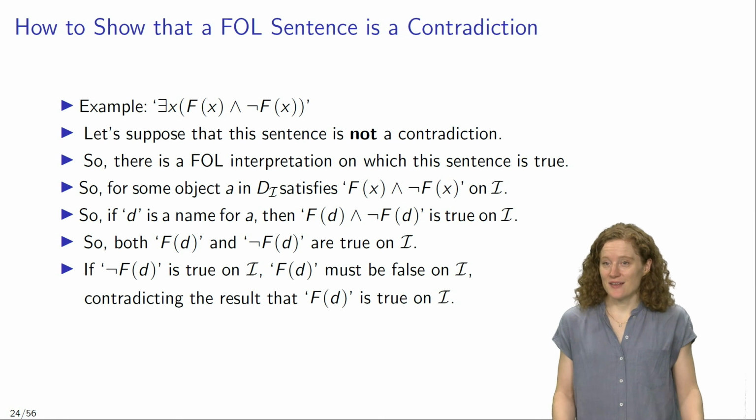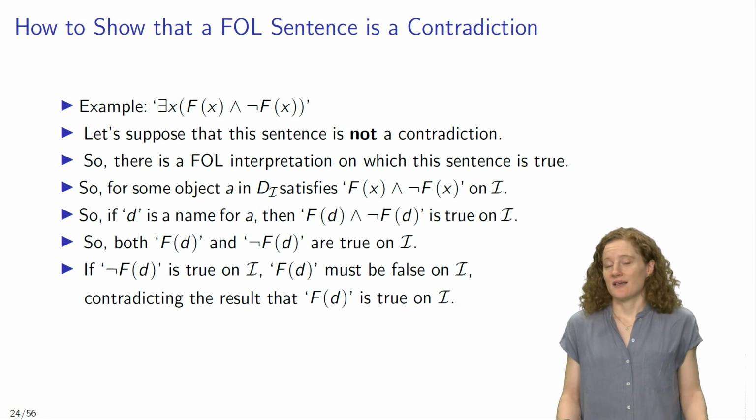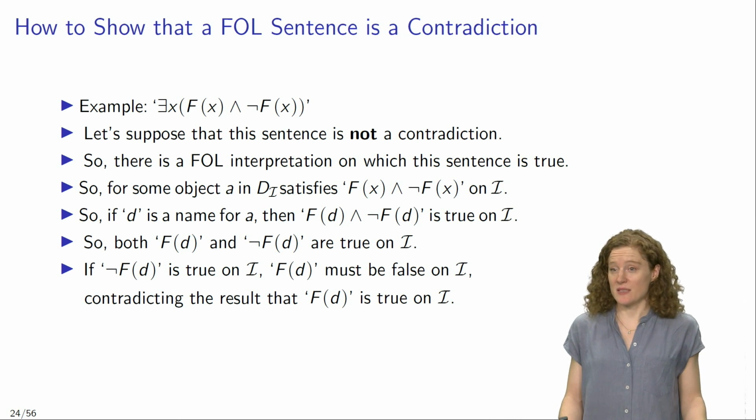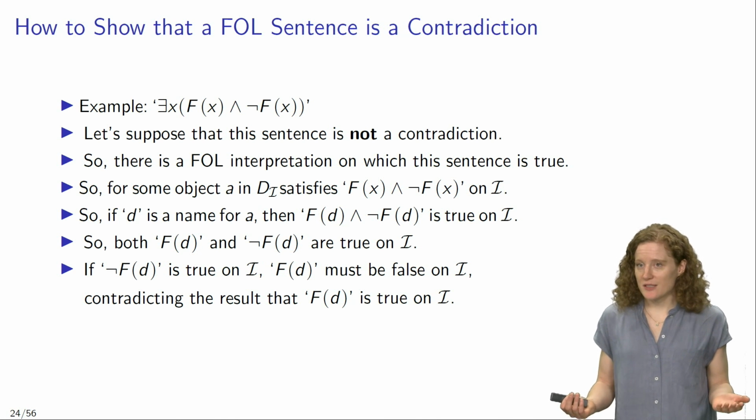And now, given the truth conditions for negated sentences, it follows that if not Fd is true on I, then Fd must be false on I. But that contradicts our earlier result, according to which Fd is true on I. So here we have again derived a contradiction.